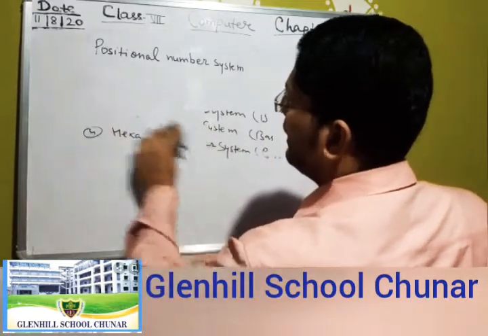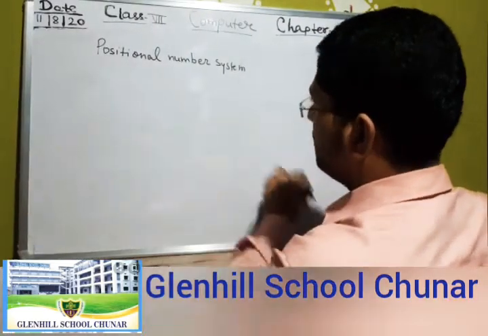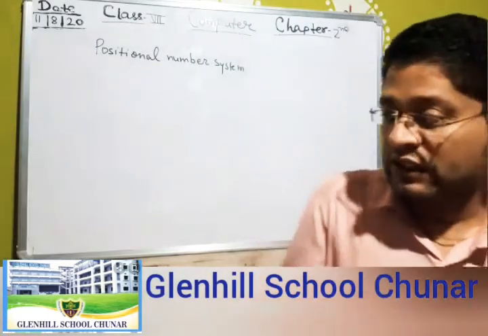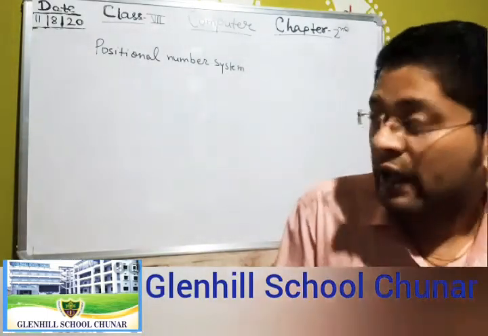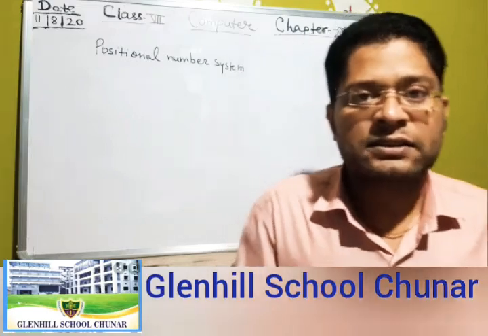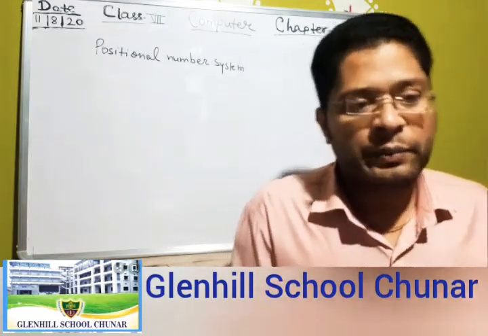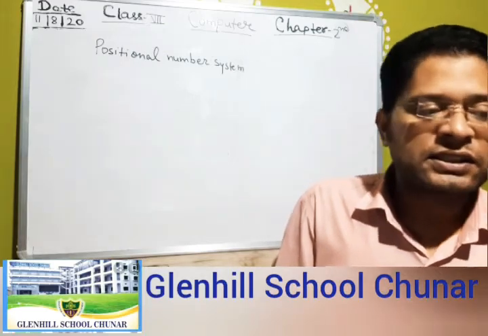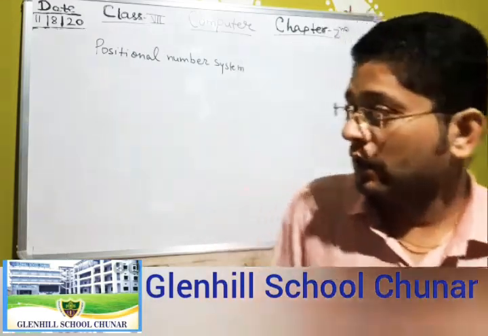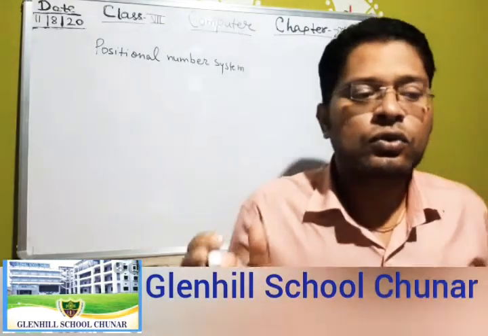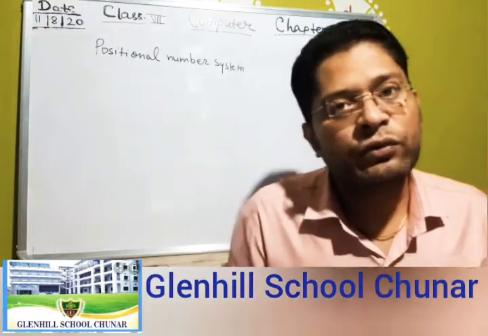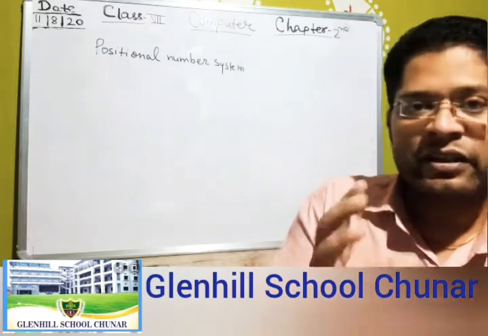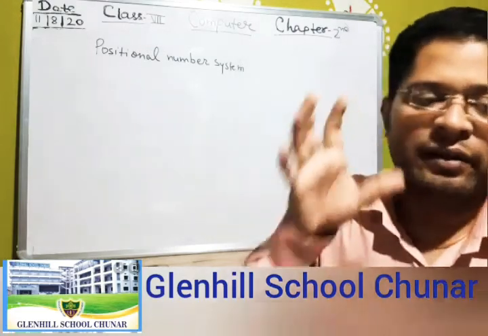So binary number, and you know that decimal number has 10 as its base. So it uses symbols called digits for 10 values, that's 0 to 9: 0, 1, 2, 3, 4, 5, 6, 7, 8, 9 to represent a decimal number, student.